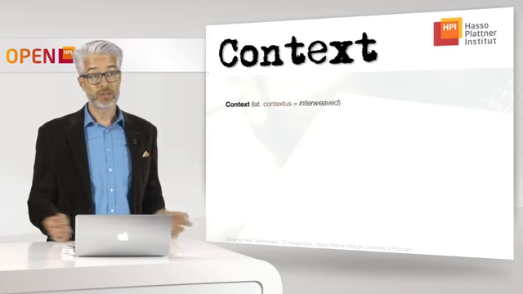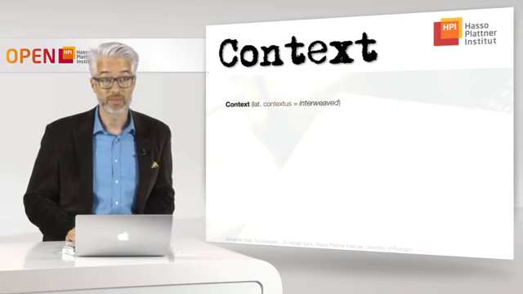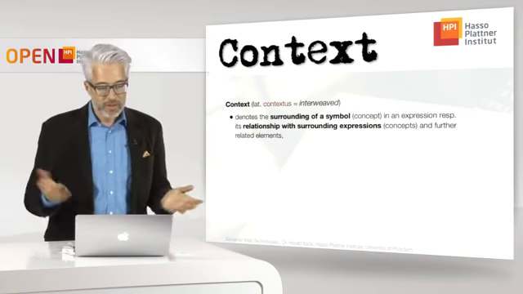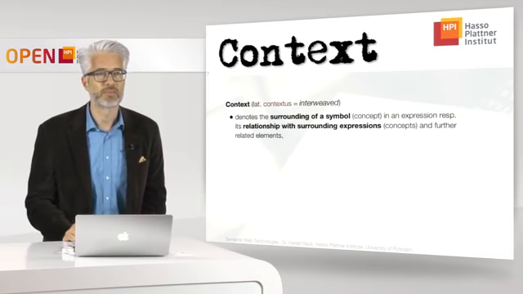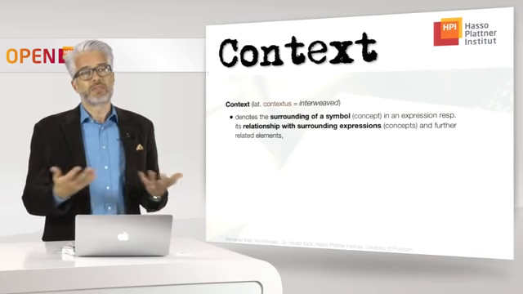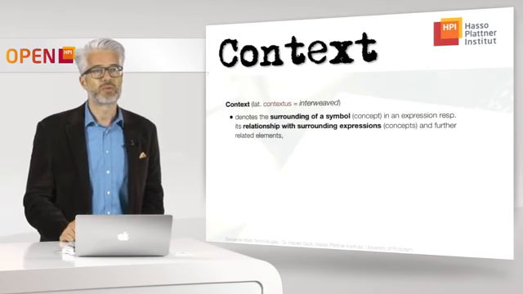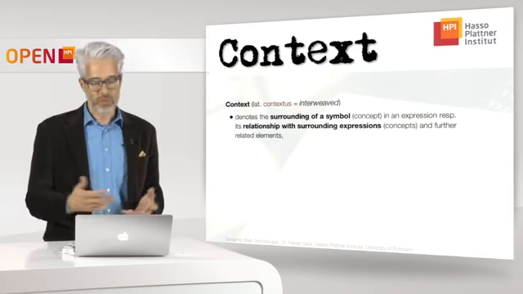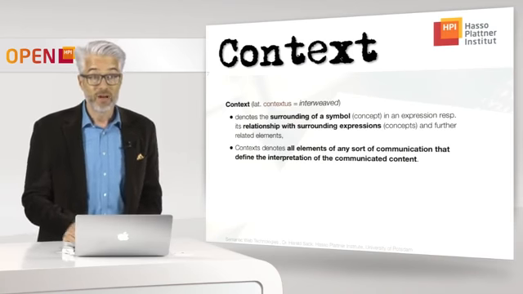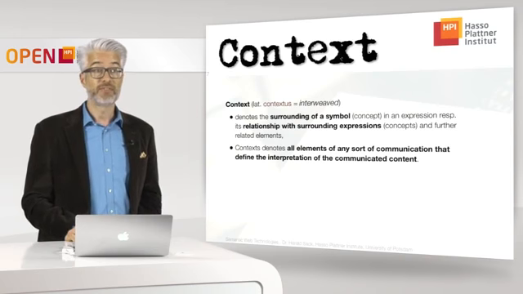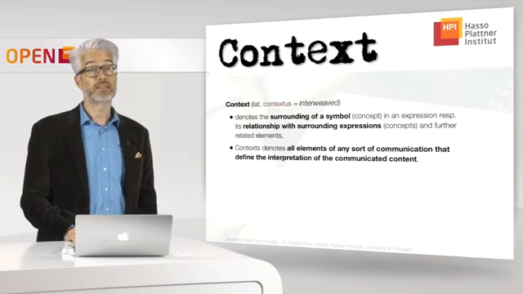Context now is a Latin word, it comes from contextus, it means interweaved, and context denotes the surrounding of a symbol or a concept in an expression, or its relationship with the surrounding expressions and further related elements. Context denotes all elements of any sort of communication that define the interpretation of the communicated content.